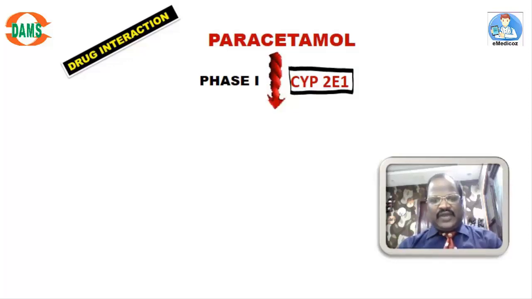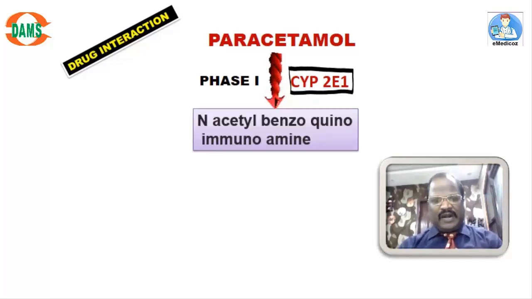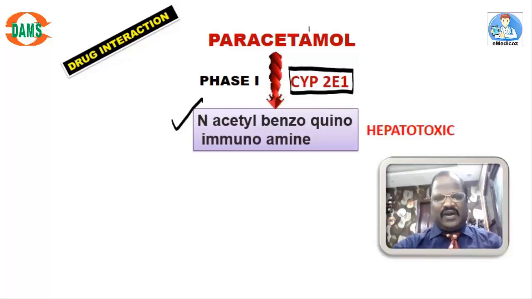By undergoing the phase 1 reaction, paracetamol produces one metabolite called N-acetyl benzoquinoneimine. This metabolite is actually hepatotoxic, but all of us take paracetamol for headache or body pain. In our body also, this hepatotoxic metabolite gets formed, but we don't develop liver damage with paracetamol.